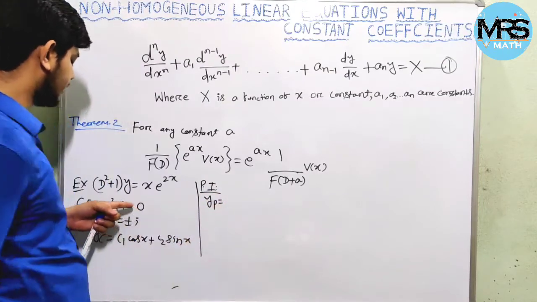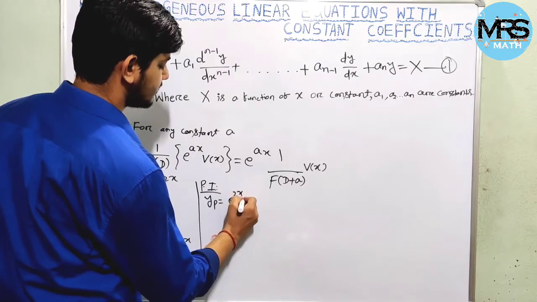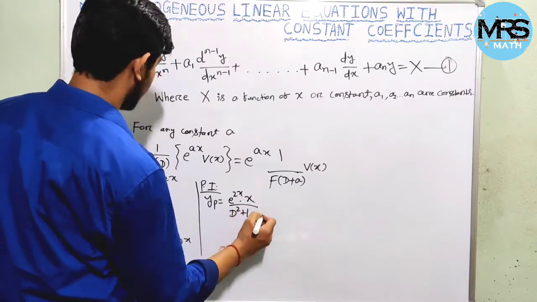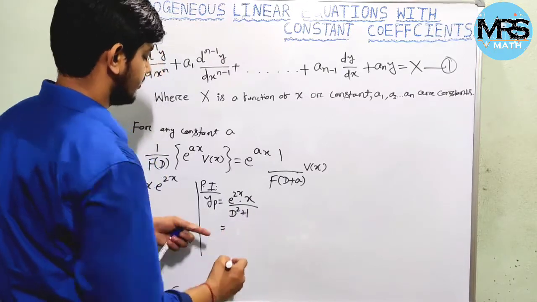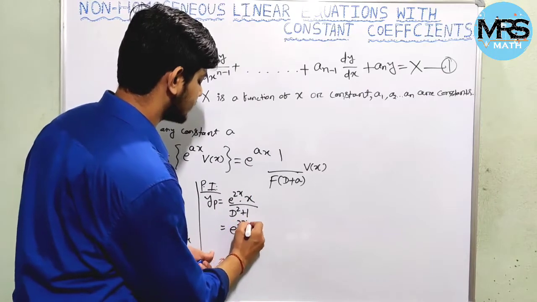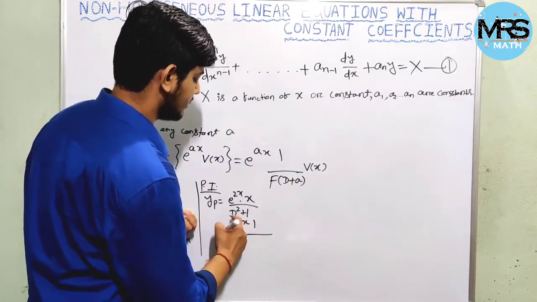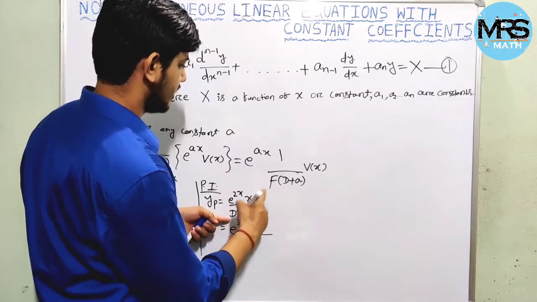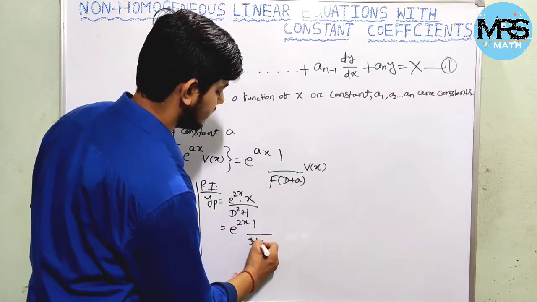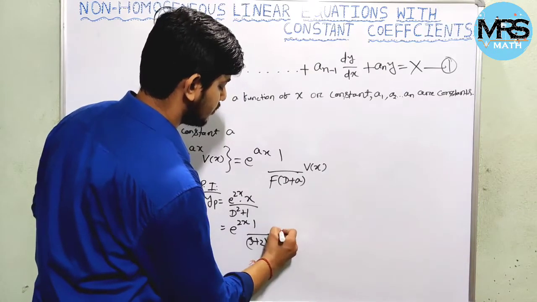If we calculate, we get e to the power 2x into x over D square plus 1. So e to the power 2x I write first, then 1 over f of D plus a, that is D plus 2 whole square plus 1, into x.